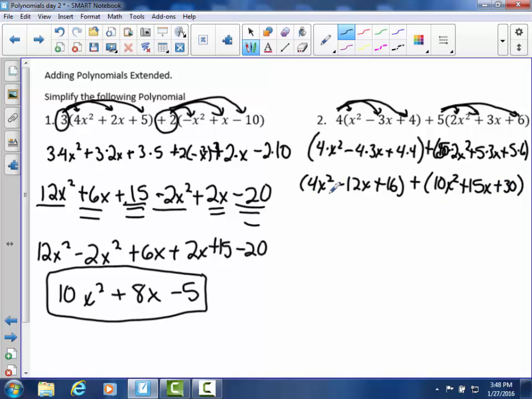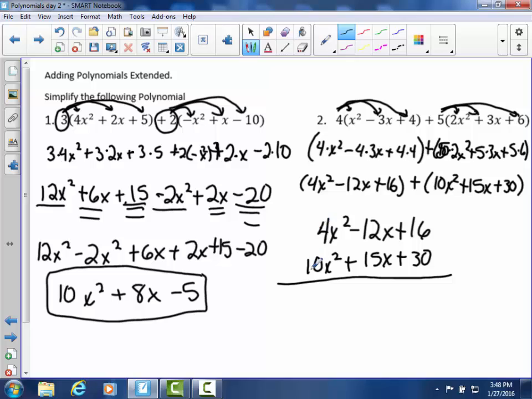All right, so I've taken care of the 4 and the 5 out front. So now I can stack these. It'll be 4x squared minus 12x plus 16, and then 10x squared plus 15x plus 30.